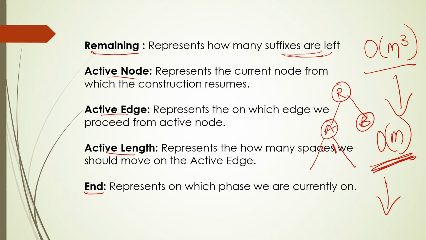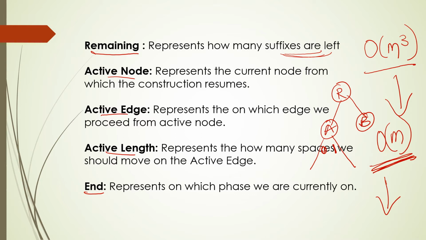So let's say active node is A. Now we are on the current edge, and it represents go onto edge 1 and we go this way, and active length represents how many spaces we should move on the active edge.